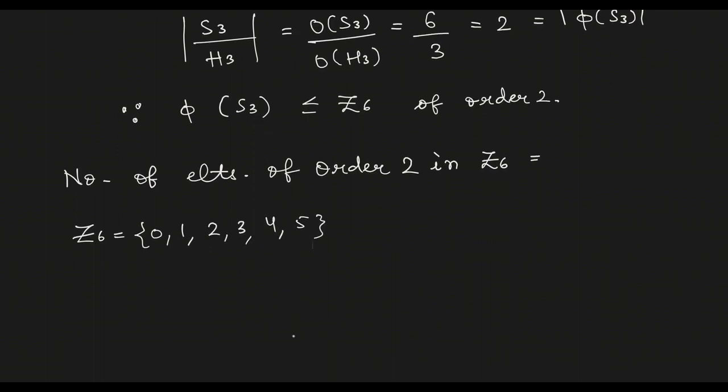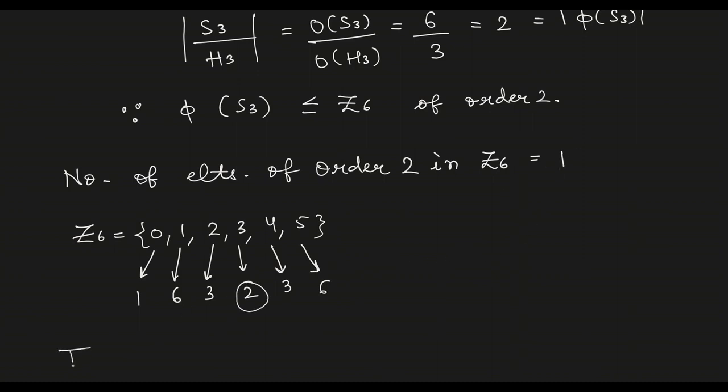Number of elements of order 2, 0 का 1 होगा, 1 का 6 होगा, 2 का 3 होगा, 3 का 2 होगा, 4 का 3 होगा और 5 का होगा 6. Yes, so only one element of order 2.